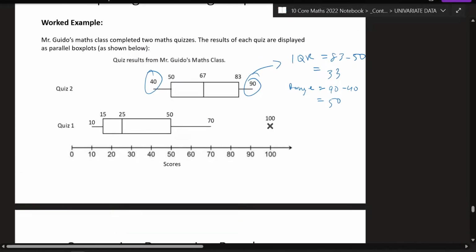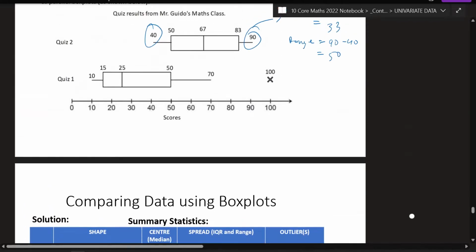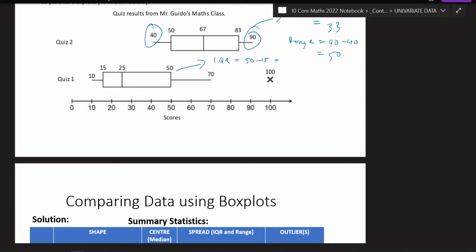Okay, so that's what we need to figure out for both of them. Now for quiz number 1, the IQR is going to be 50, take away 15, which equals 35. And then the range is going to be 100, because that's the maximum, take away 10, which equals 90.